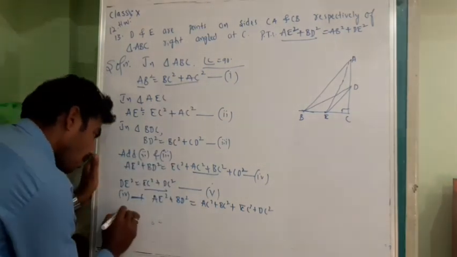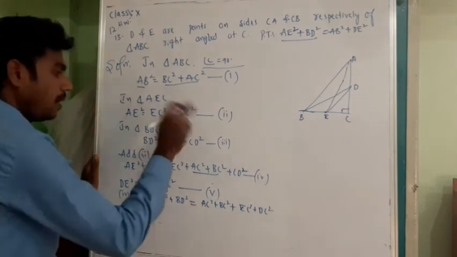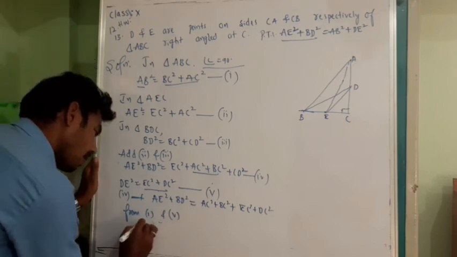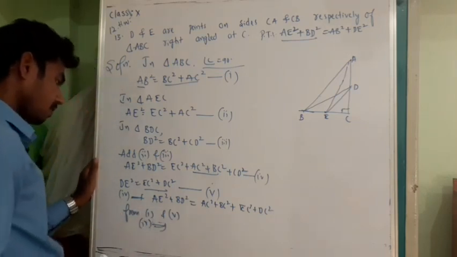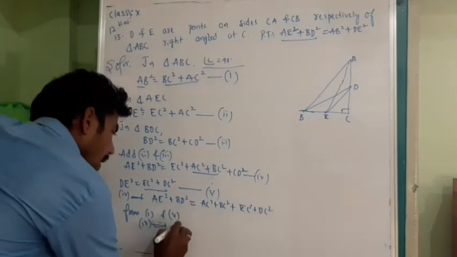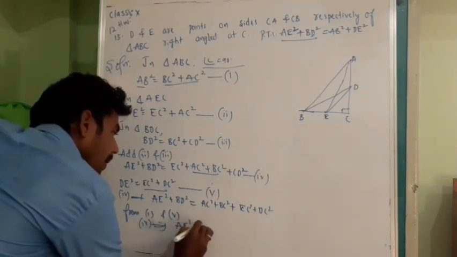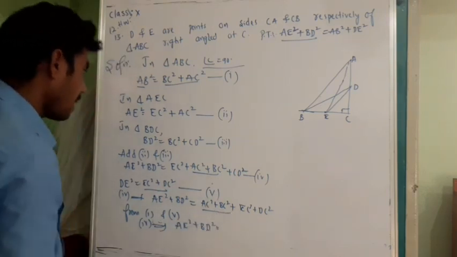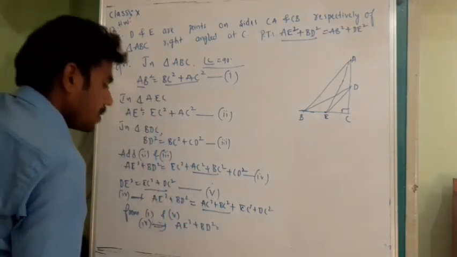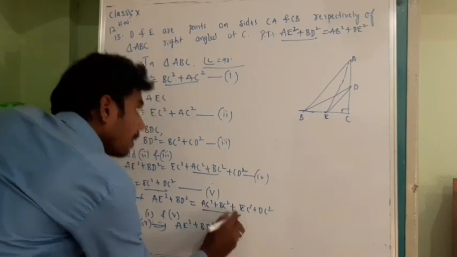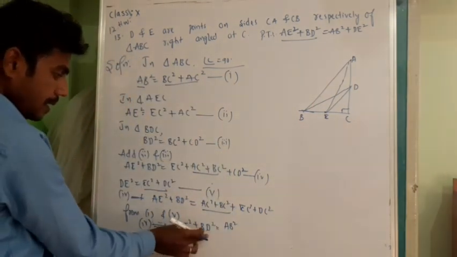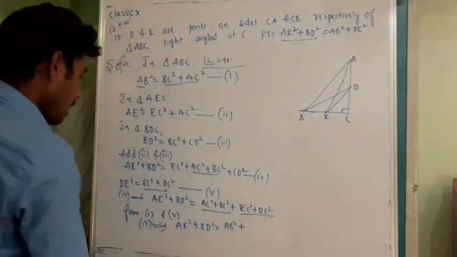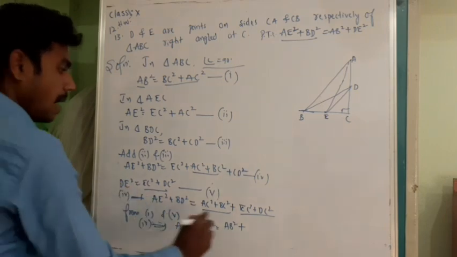So now from 1 and 5, 4 can be written as AE square plus BD square is equal to AC square plus BC square, which can be written as AB square, plus EC square plus DC square, which from 5 can be written as DE square.